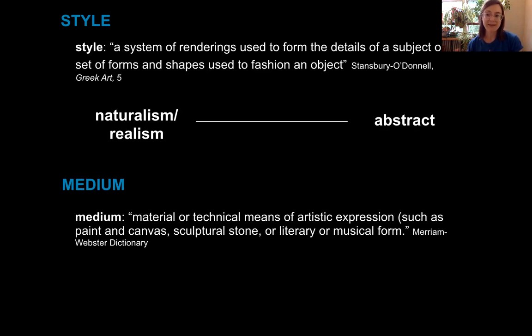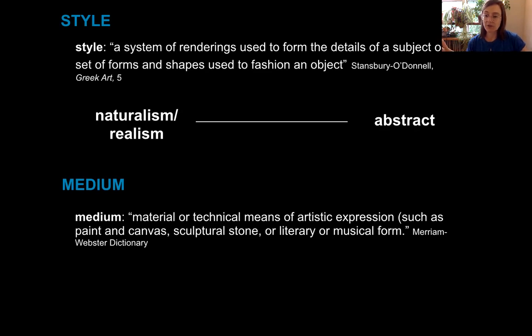A medium is the stuff that the style is realized through. This comes out of even earlier work, thinking about art in medieval Europe, for example, and even ancient Roman writings on art. That's actually where the word medium comes from, Latin.